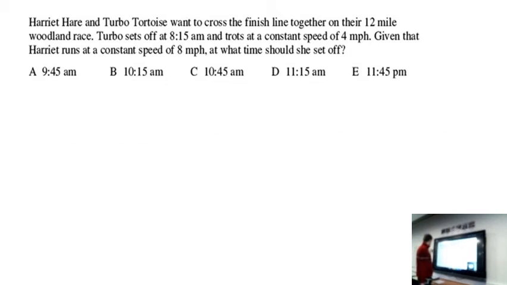Okay, so let's have a look at this question. We have Harriet the hare and Turbo the tortoise who want to cross the finish line together on their 12-mile woodland race. So let's have a look at Turbo. Firstly, we know the distance is 12.